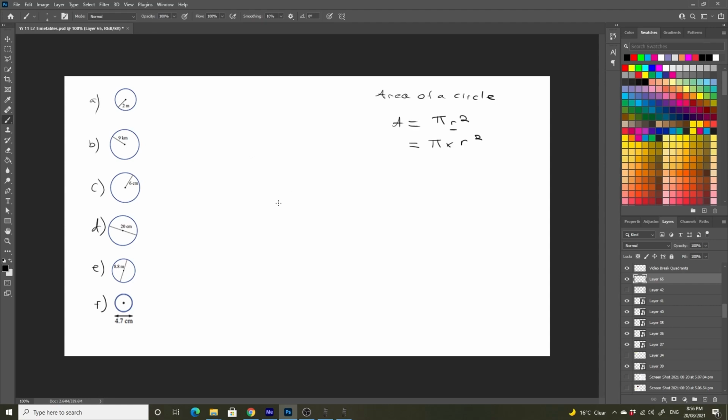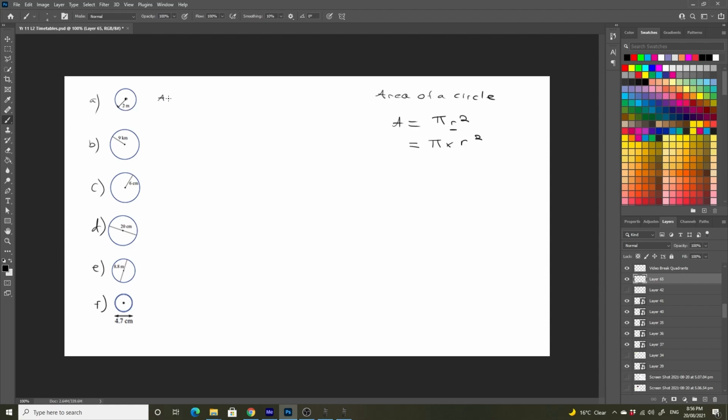That's the only thing we have as an unknown to determine the area of a circle. So when we look at this first one, we can see that we have a point in the center, or the origin, and we have a line going straight to the circumference, and we know that any line from the center of a circle to the circumference is the radius. So the radius is going to be equal to 2 meters.